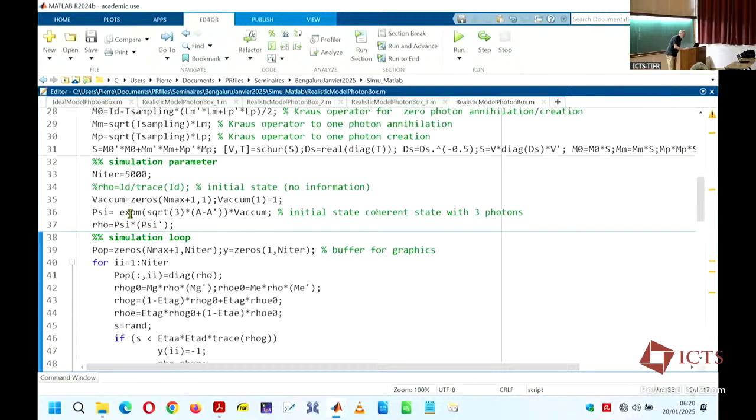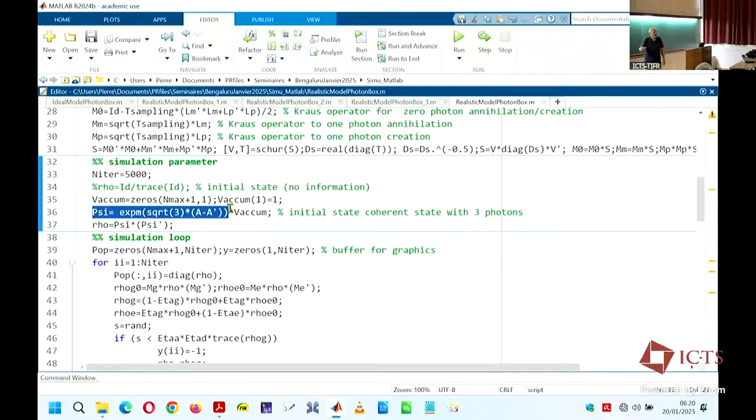So you see here, I start with a pure state corresponding to, in fact, a coherent state of a few photons, which is very easy to prepare. You start from 0 and you inject with your controller a specific classical microwave pulse inside the cavity.